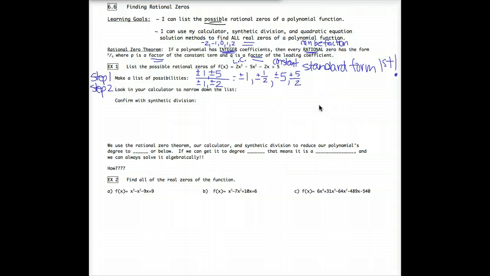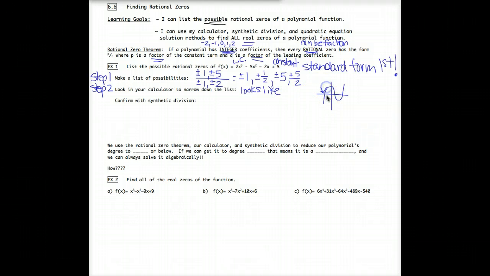And when I graph that in a standard window, you can kind of look and see it looks something like this. And remember that zeros are x-intercepts.